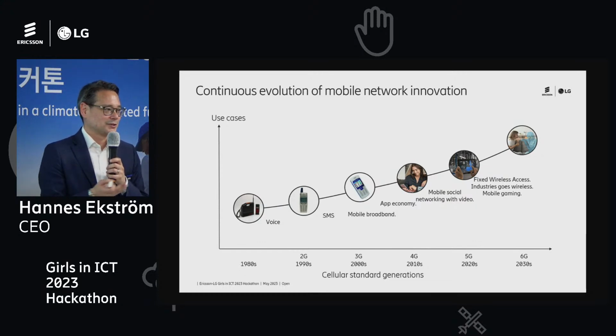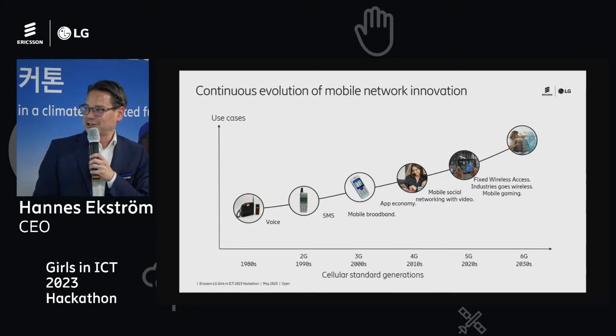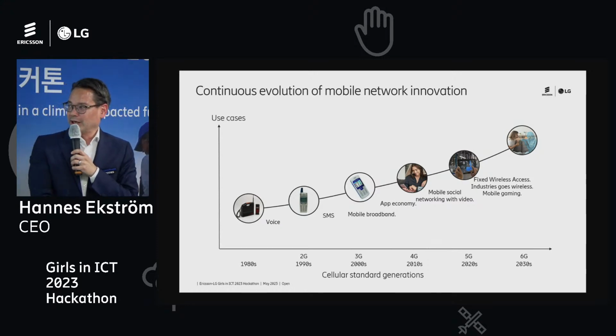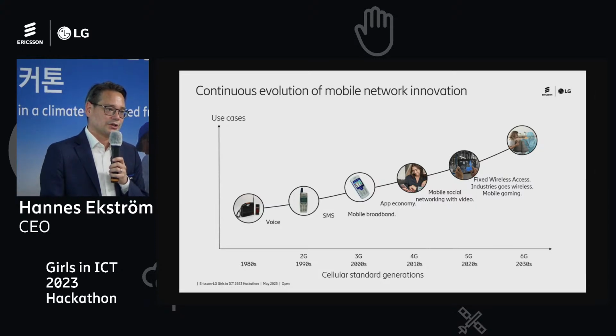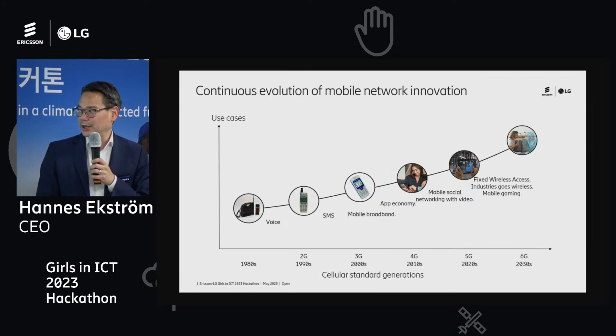Maybe some of the participants here are a bit too young to remember this, but back in the day you couldn't do internet on your phone, only voice calls. I know it's hard to believe, but it's actually true. Then with mobile broadband, the app economy grew with 4G, and now we're into mobile social networking and fixed wireless access, replacing fiber cords with wireless communication.